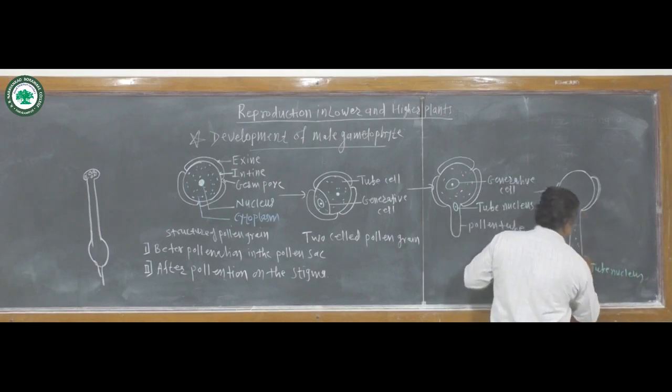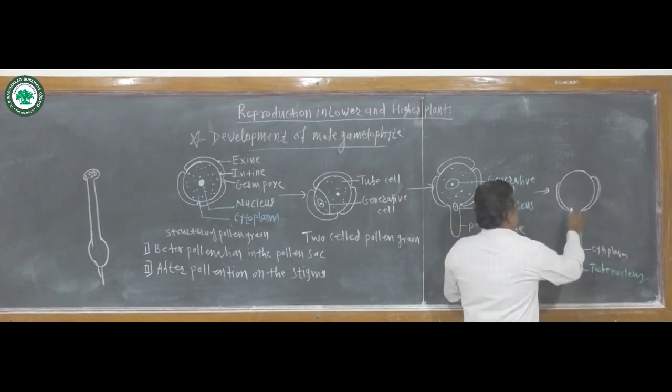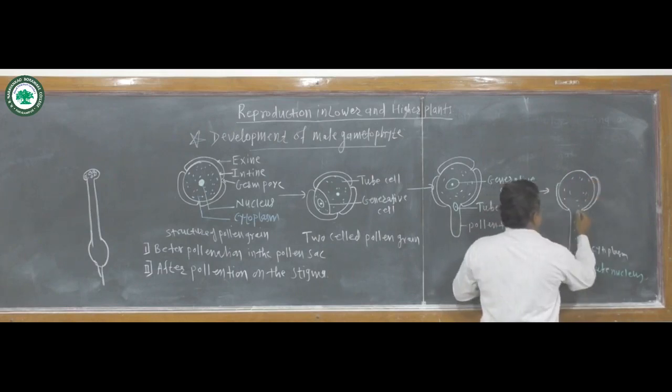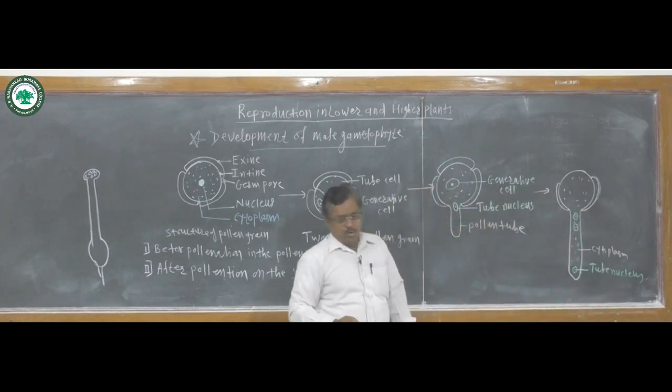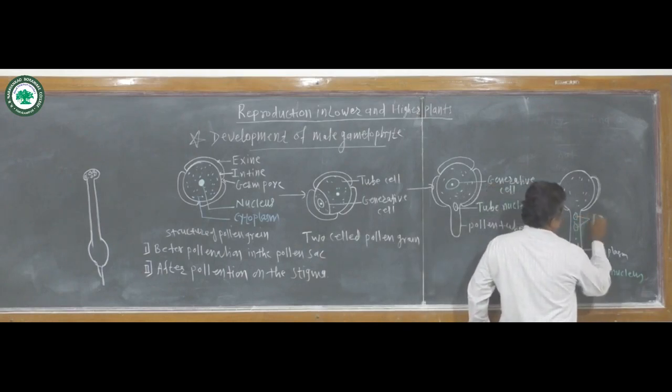Then cytoplasm, and the generative cell divides mitotically to form the two non-motile male gametes.